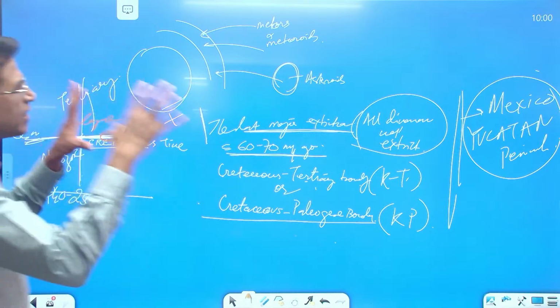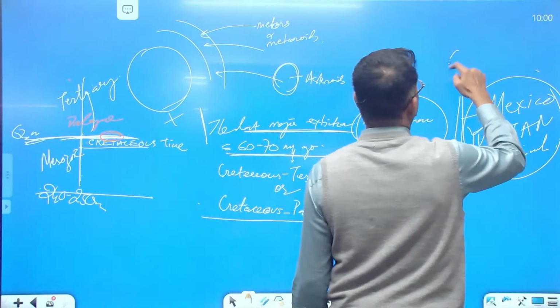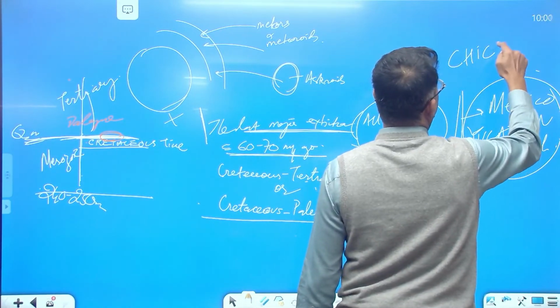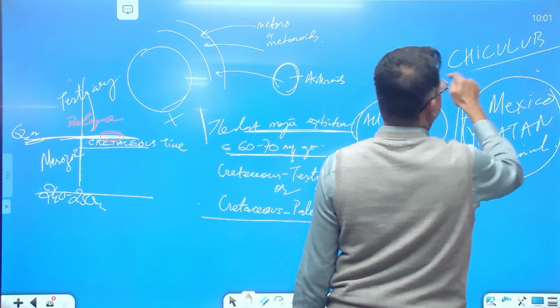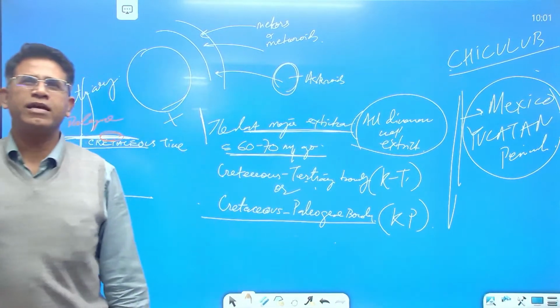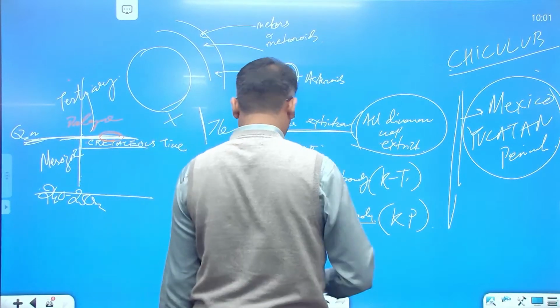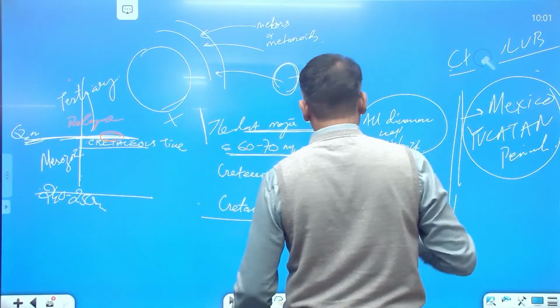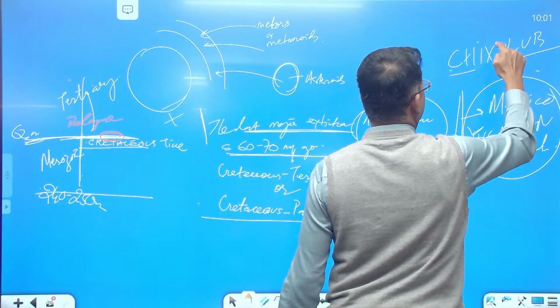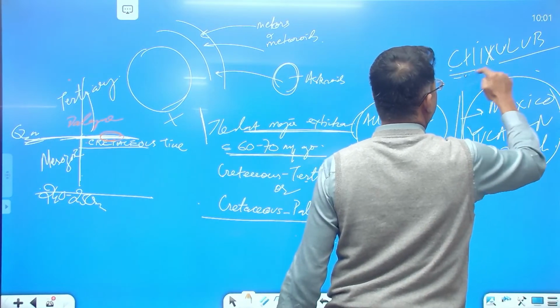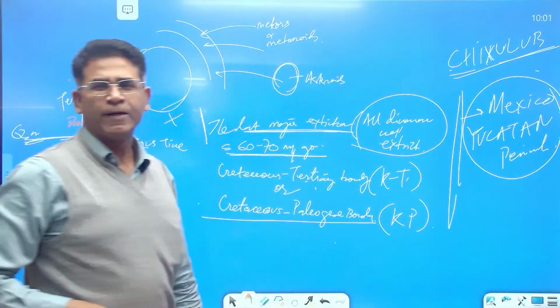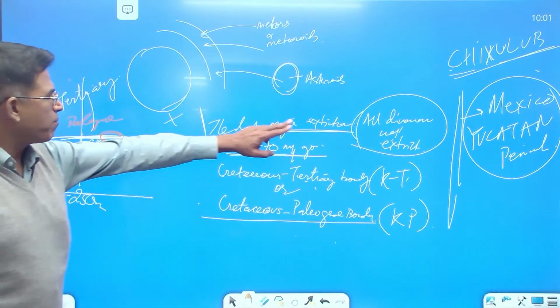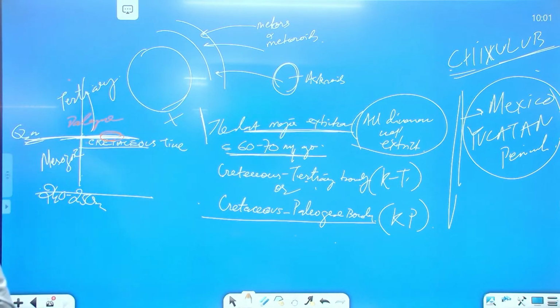There is a very big crater called the Chicxulub crater. And that crater has the impact of the asteroid, in Mexico, in the Yucatan Peninsula.